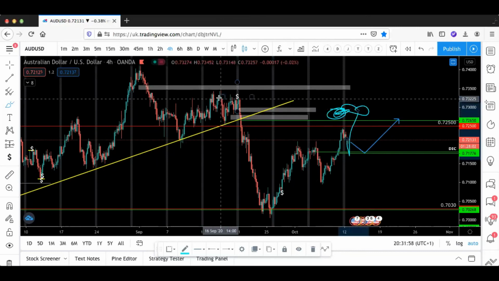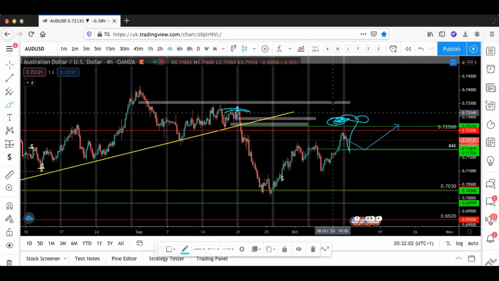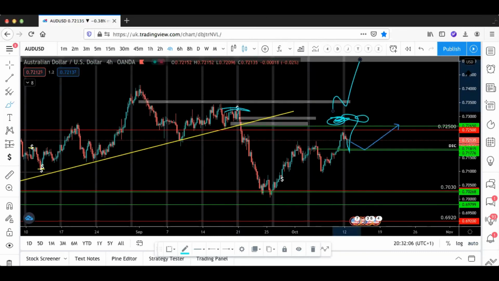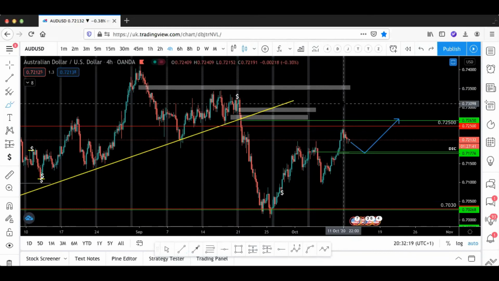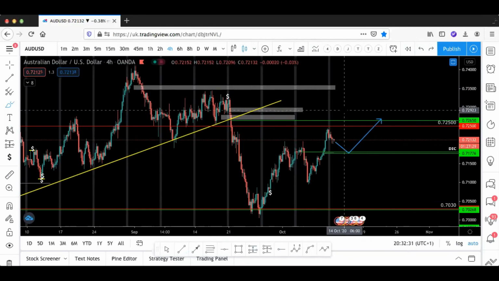If AUDUSD breaks this high, then the pair will run further higher. Now we could anticipate a possible selling scenario when the price gets to this area. Possibly we could look for some sell setups. It depends on the dollar index. Let's see what AUDUSD is going to give us.